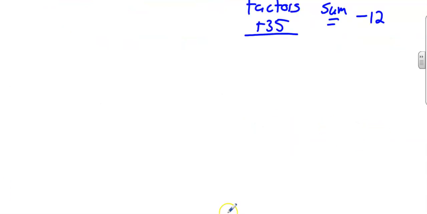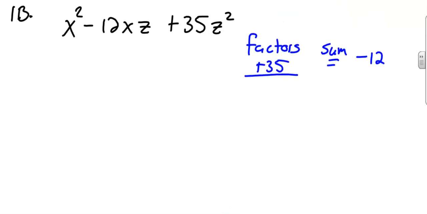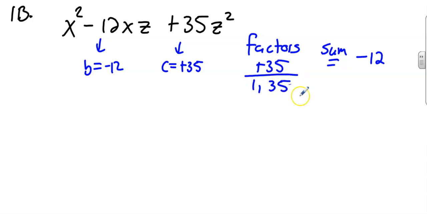Same setup. Again, just ignore the second variable for a minute. C is positive 35, and our B is negative 12. For 35, there's really only a couple options. It's either 1 times 35 or 5 times 7. You can check all the other factors, nothing works. That's the only two options you get.